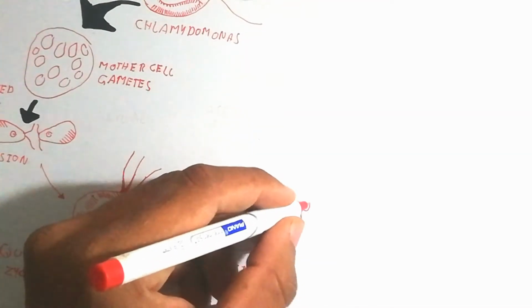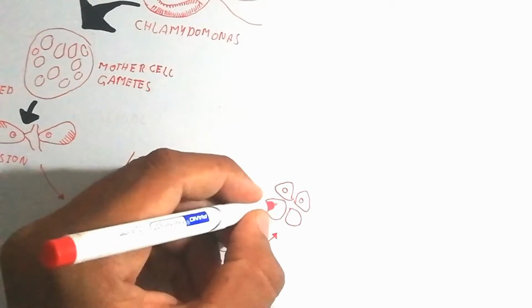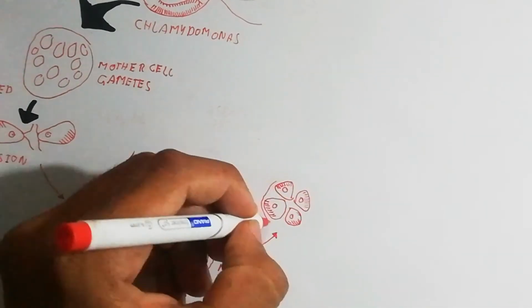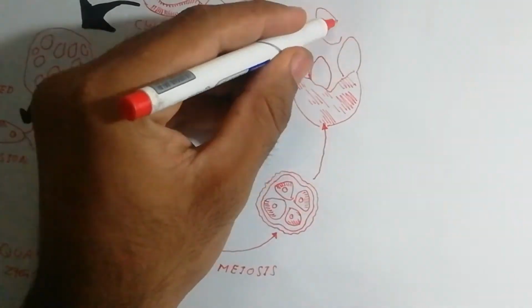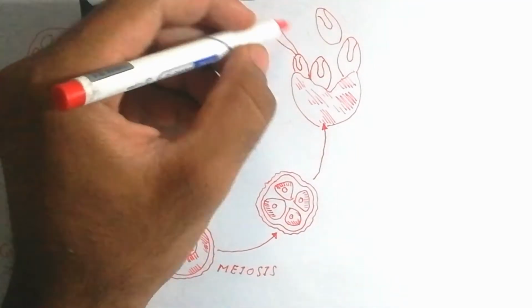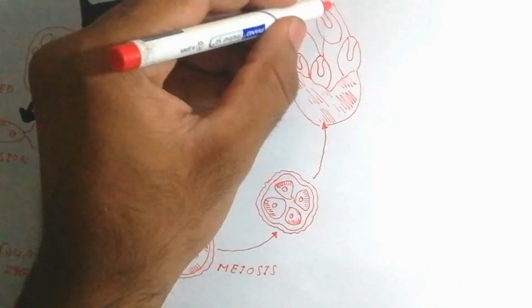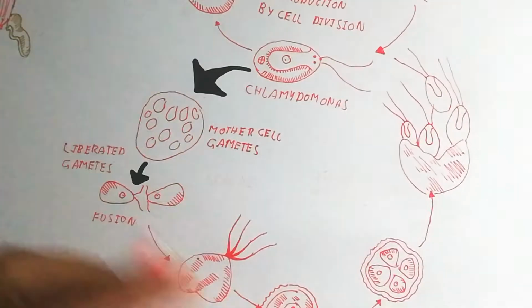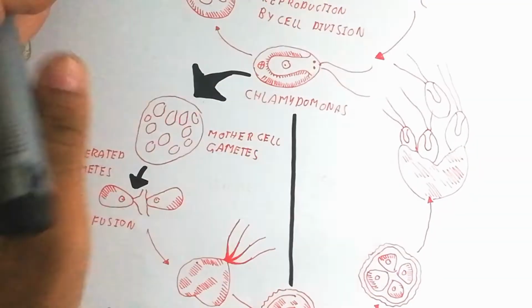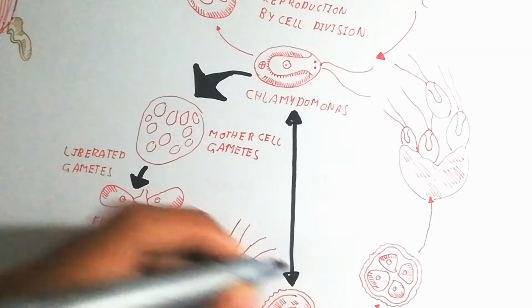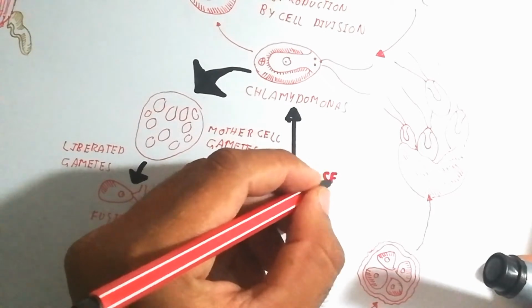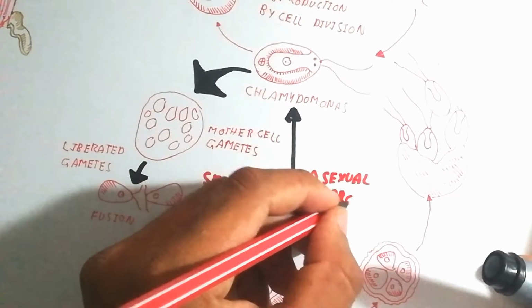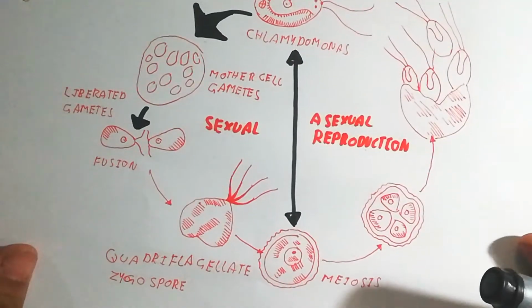Quadri means four flagella are present, and that is why it is known as quadriflagellate. That is the zoospore because it can move in the water. Zoo means animal, and animal means it can move from one place to another.